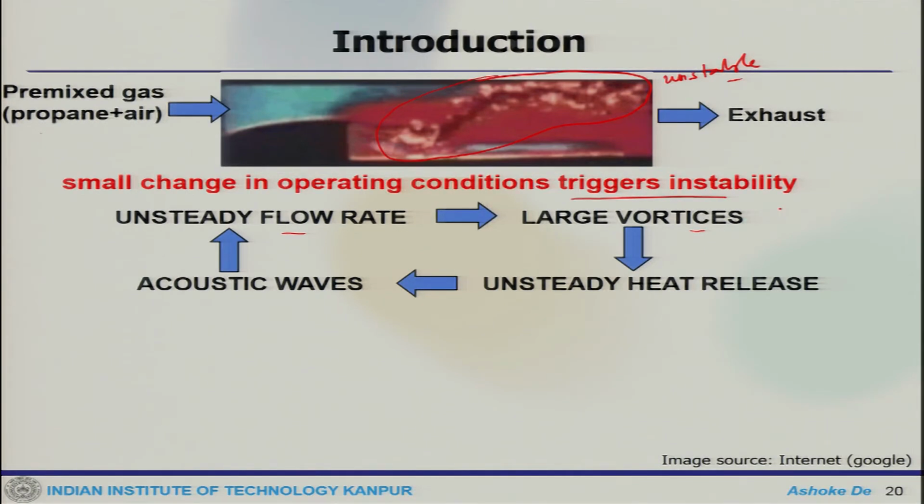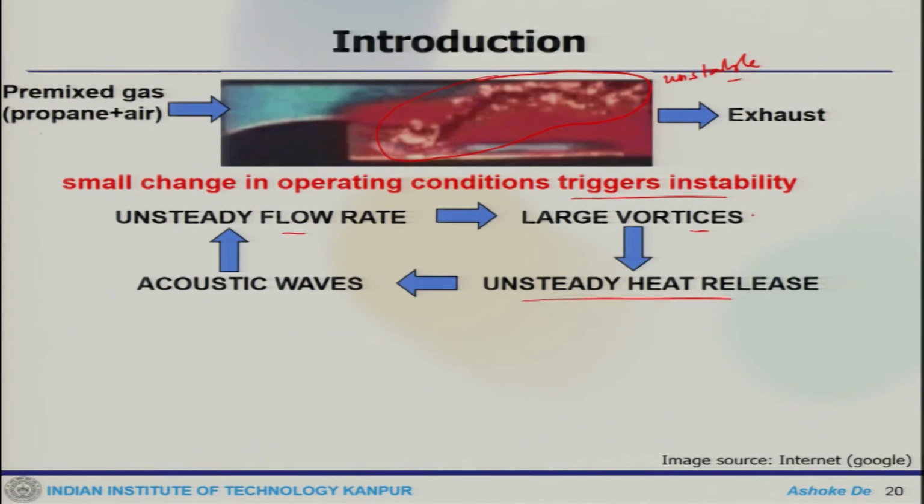So, there is an unsteady flow rate, and the unsteady flow rate will have large vortices. Any turbulent flow will have large vortices, and we will see later, when we talk about turbulence, how these large vortices behave, their characteristics, scales, and all sorts of different things. That will lead to some sort of unsteady heat release.